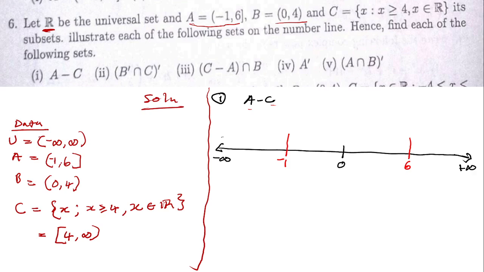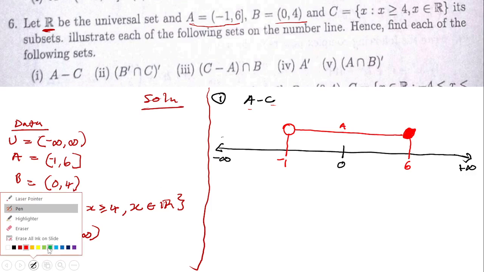Looking at what we have, it is open -1, which simply means we put an unshaded circle on top of -1. Then 6 is with the block bracket, so we put a shaded circle on top of 6. Then we connect these two, like that. This is set A.